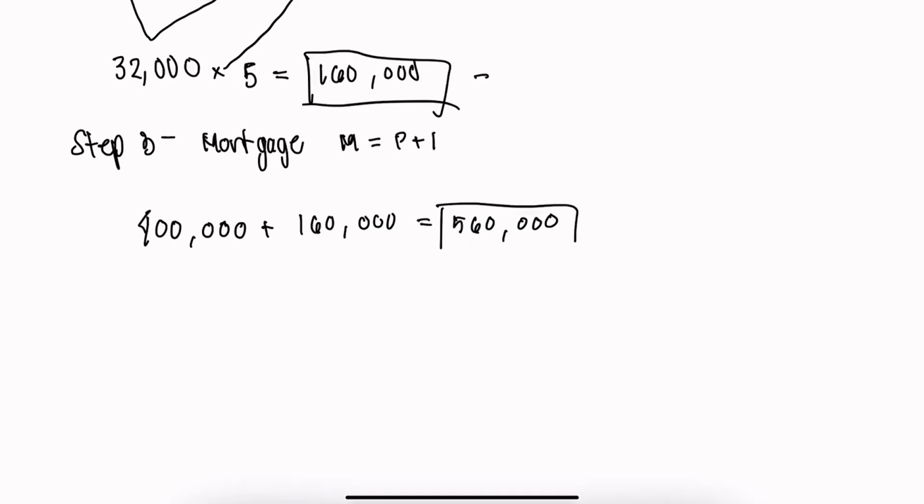Now that's our mortgage. That is our answer. Now we're done with our example number 2. Then let's proceed to our example number 3. For our example number 3, same process.